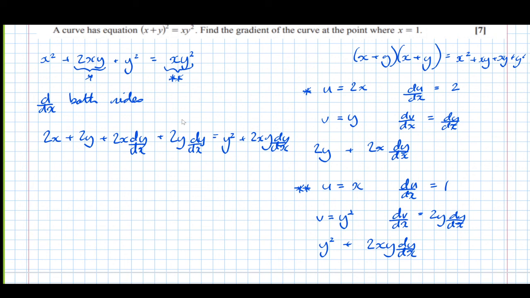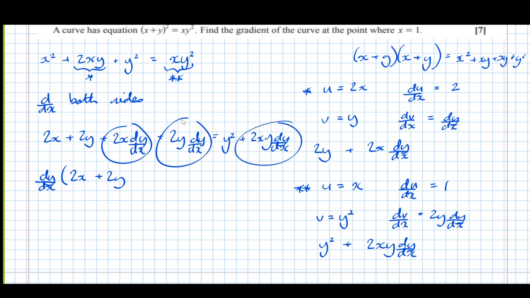And make sure all the dy/dx's are on one side and all the non-dy/dx's are on the other side. And if you want, we can do that and factorize in the same line. So if I move all the dy/dx's to the left-hand side, I've got 2x plus 2y, that's those two there. Then I'm going to take this one here, take 2xy, equals all the non-dy/dx's.